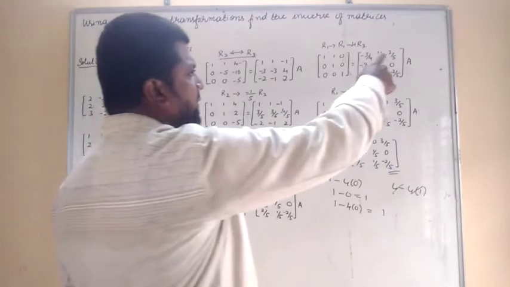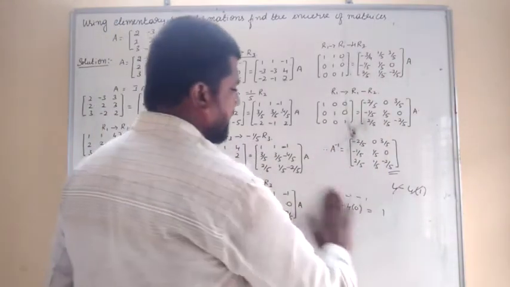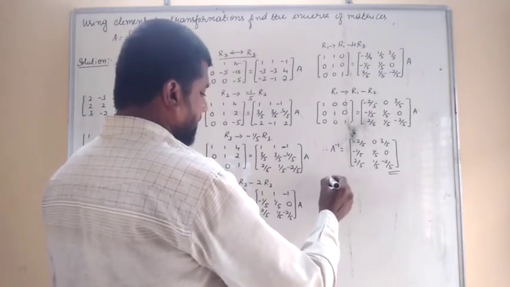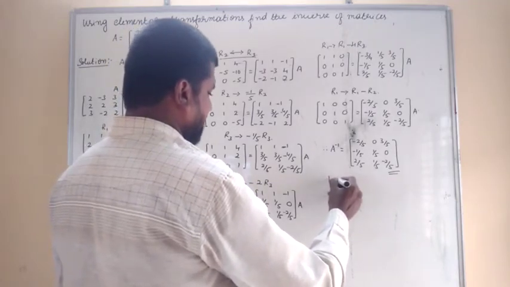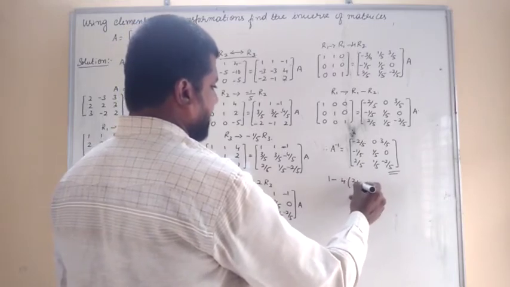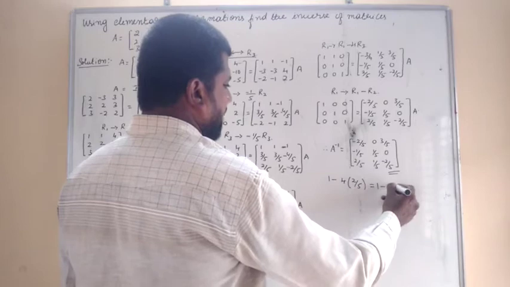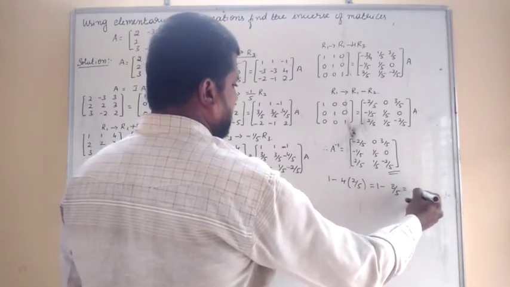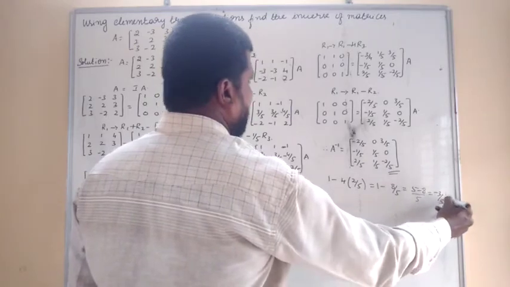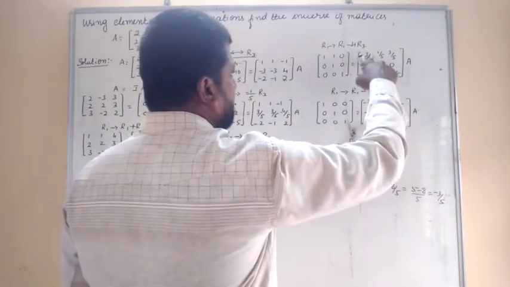That is equal to, let us go for the right side. In the right side, what happens in the first row? The first element of the first row is 1. 1 minus 4 into the R3 element, 2 by 5. If you multiply, 1 minus 8 by 5, if you take LCM, 5 minus 8 by 5, you are getting minus 3 by 5. The first element is minus 3 by 5.